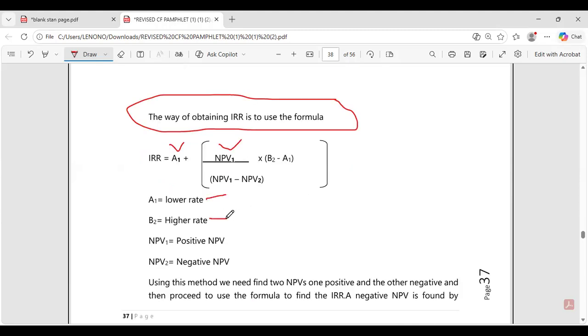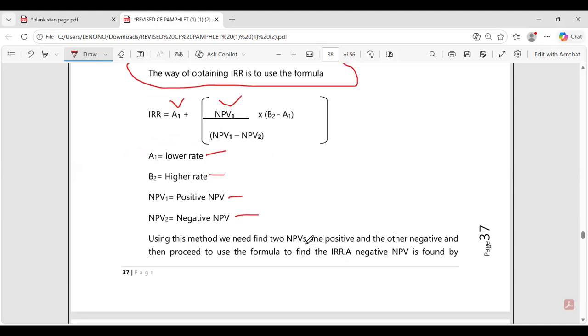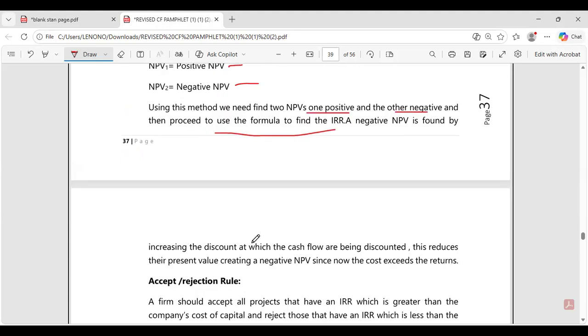This one is a higher rate. NPV1 should be positive NPV, NPV2 negative NPV. Using this method, we need to find two NPVs, one positive and the other negative, then proceed to use the formula. A negative NPV is found by increasing the discount rate. Okay, that is what goes on.